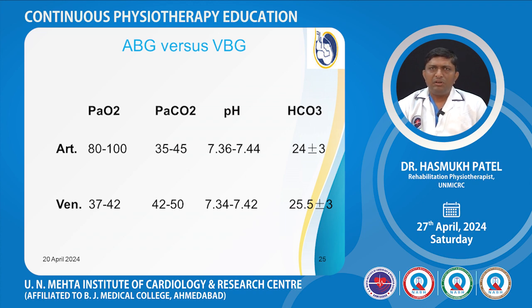PCO2 normal value in arterial blood is 35 to 45, whereas in venous blood it is 40 to 50. pH in arterial blood is 7.36 to 7.44, whereas in venous it is 7.34 to 7.42. HCO3 normal value in arterial blood is 24 plus or minus 3, whereas in venous blood it is 25 plus or minus 3. So, there are very minimal changes in pH and HCO3 in arterial and venous blood.